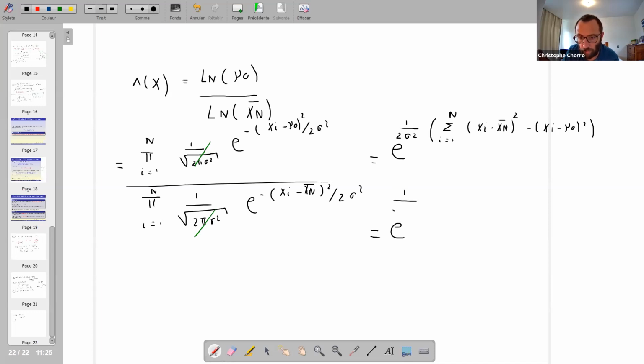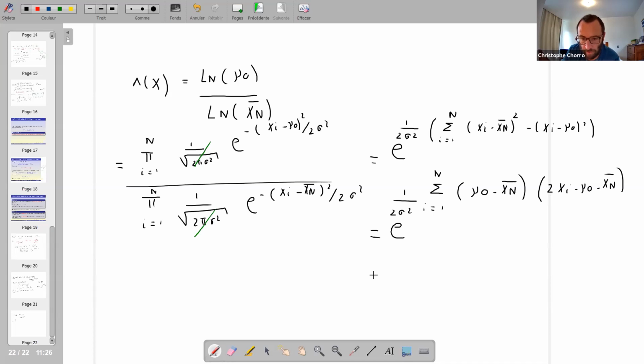So it is exponential of 1 over 2 sigma square, the sum from i equal to 1 to n, this one minus this one, which gives mu 0 minus xn overline, multiplied by this one plus this one, that is 2xi minus mu 0 minus xn overline.